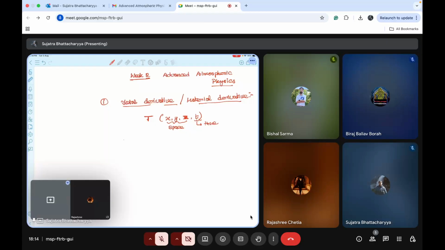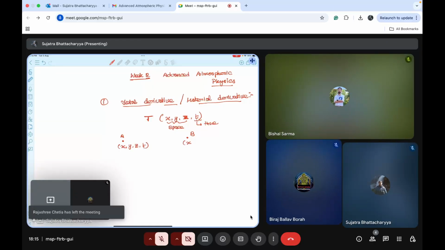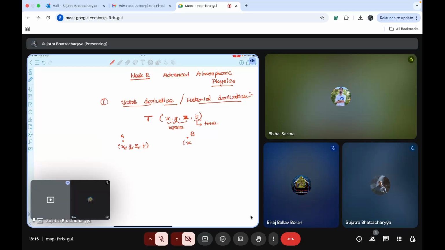Now, if at a point, say A, whose coordinates are x, y, z, and t, and there is another point B, let me write this, with coordinates x naught plus delta x, y naught plus delta y, z naught plus delta z, and t plus delta t.